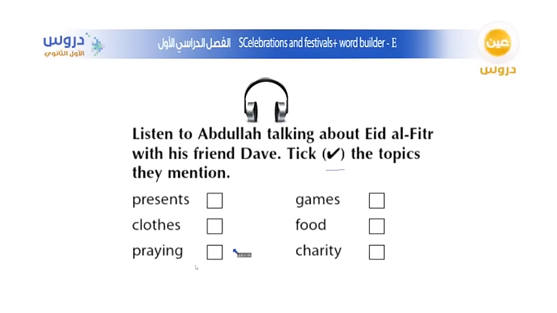Praying. That means to do the prayers, to pray, to go to the mosque and pray. Games. I think you know the meaning of the word games. And food. And the last word here, charity. Charity is the money that you give to the needy people, the people who are in need. All right? The money you give to the needy people.